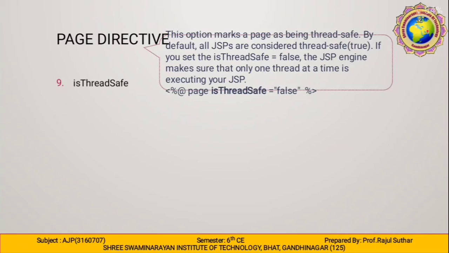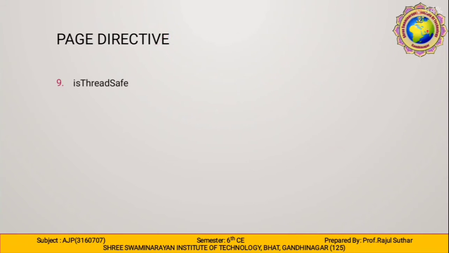All JSPs are considered thread safe, true. If you set isThreadSafe is equal to false, the JSP engine makes sure that only one thread at a time is executed by your JSP page. So this is the page directive. Whenever we use isThreadSafe is equal to false, it must be checked.